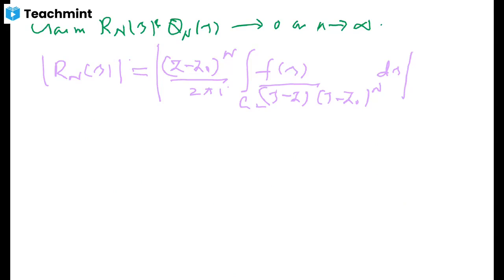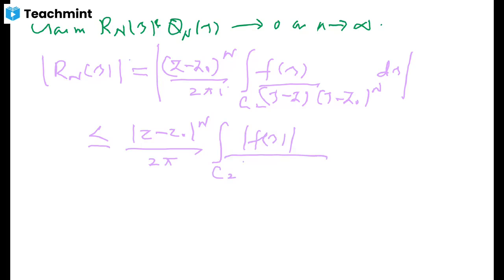You make certain adjustments. The distance of z from z naught is r. But okay, let me write first. This has to be mod of z minus z naught to power n upon 2 pi, modulus of i will be 1, integral over c2 of mod of f of zeta upon mod of zeta minus z into mod of zeta minus z naught to power n, mod of d zeta.